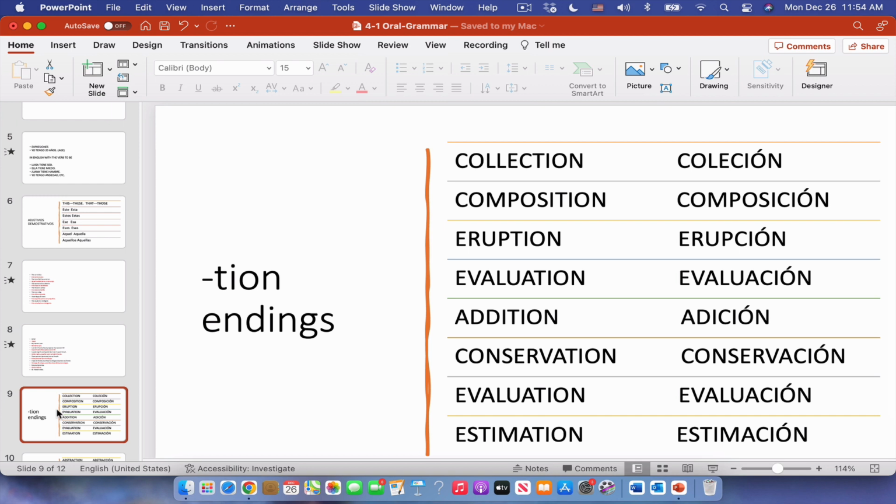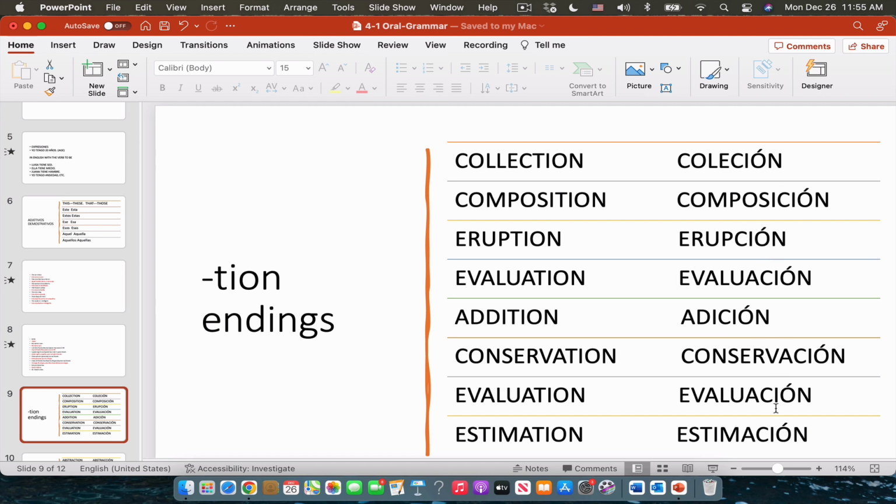For example, collection is colección in Spanish, composition, composición, eruption, erupción, evaluation, evaluación, addition, adición, conservation, conservación, estimation, estimación. So you see, usually the ending tion in English becomes C-I-O-N in Spanish, okay? And all of them have an accent in Spanish, so just don't forget that.